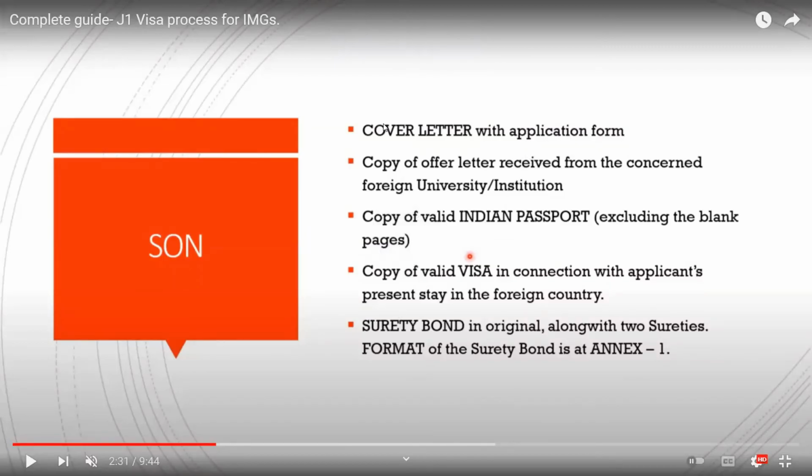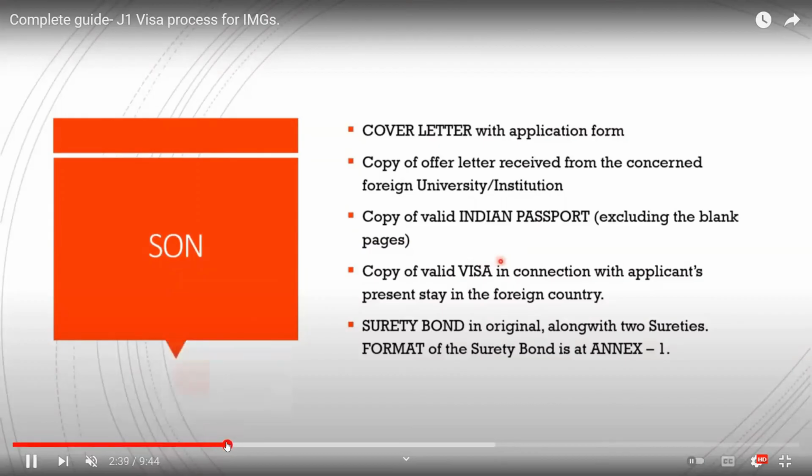So I wrote a cover letter for the ministry, and in the cover letter, I wrote my ECFMG number. I highlighted it, then copy of offer letter, then copy of your valid Indian passport, and then copy of valid visa. If you have any, if you don't, it's okay. You can skip this part, and then surety bond with the two sureties as an annexure.